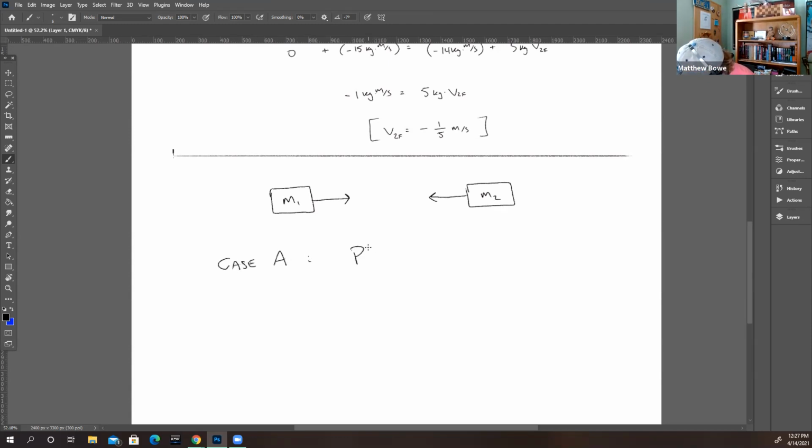Look at the total momentum total before and compare that versus total after.